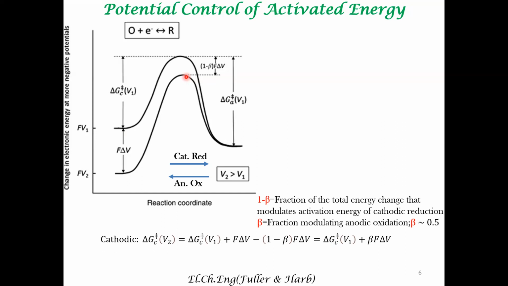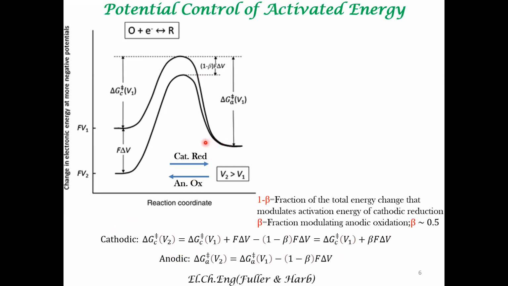All right, coming back, the cathodic activation barrier is modulated in this manner. There is an activation barrier at V1, plus there's another term because of changes in activation barrier. You can write a similar expression for the anodic reaction.